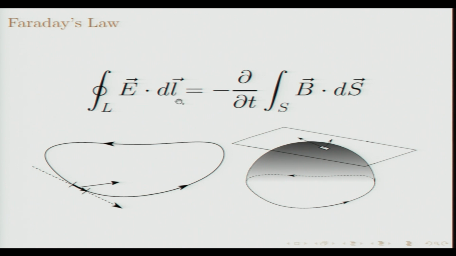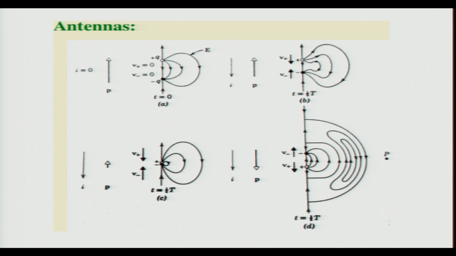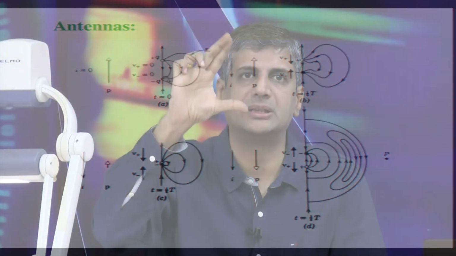So, an interesting thing about antennas: if you look at fields around a dipole antenna, what I have shown you are the electrical fields around a dipole antenna where the charges plus q and minus q are oscillating. Plus q and minus q are actually moving, coming close to each other and then going apart, coming close to each other and going apart.